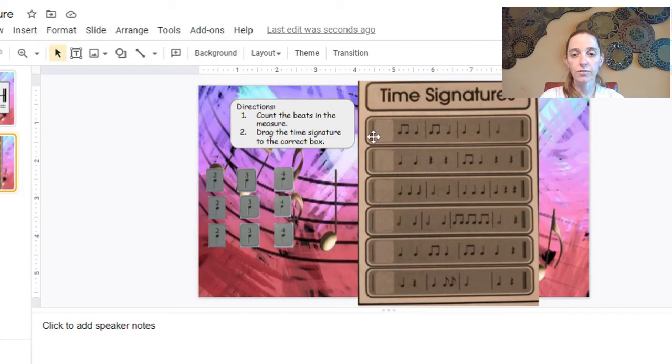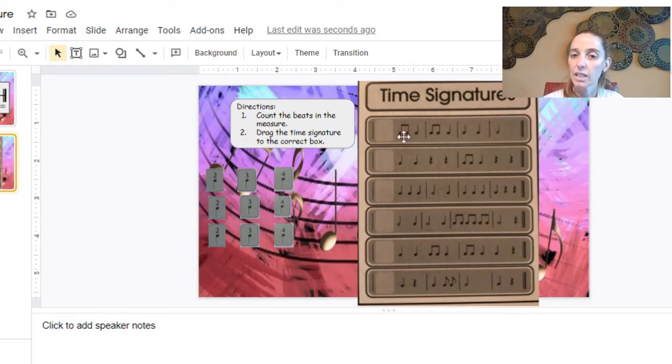So let's look at the first one, and it goes ti ti ta, ti ti ta, ta ta ta. All right, so when we have ti ti ta, we have ti ti. That's 1 beat split up into 2. So that's 1 beat, and then the other one is a ta.